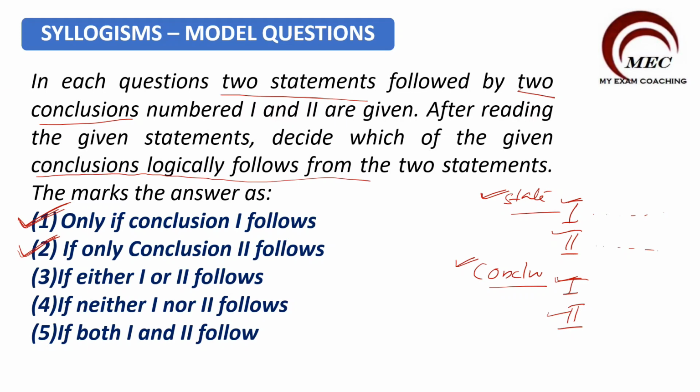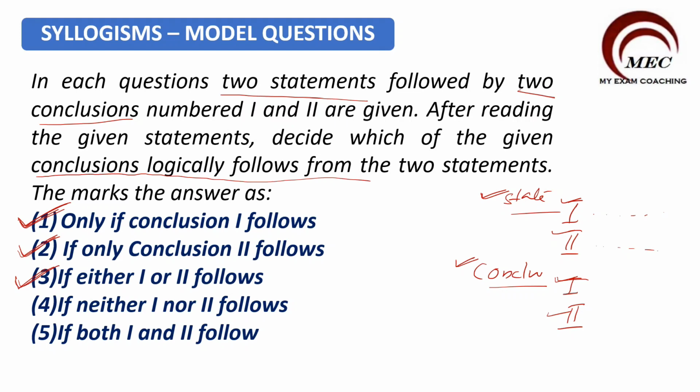Number 1 is only when the first conclusion is correct. Option 2 is only when the second conclusion is correct. And suppose both conclusion 1 and conclusion 2 are correct, then we have to mark option 3.